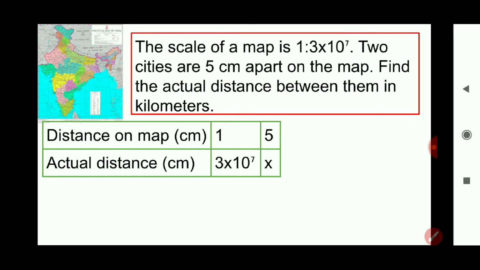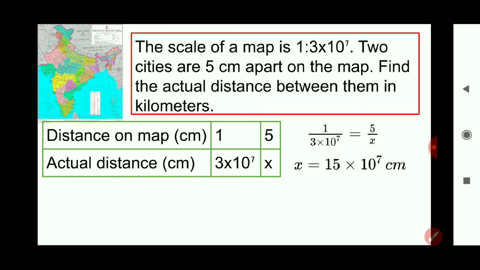Now distance on map 1 centimeter, actual distance is 3 into 10 power 7 centimeters. If the distance on map is 5 centimeters, let the actual distance be x. Because it is direct proportion, we can write it as 1 by 3 into 10 power 7 is equal to 5 by x.